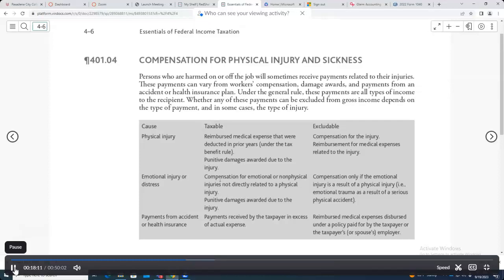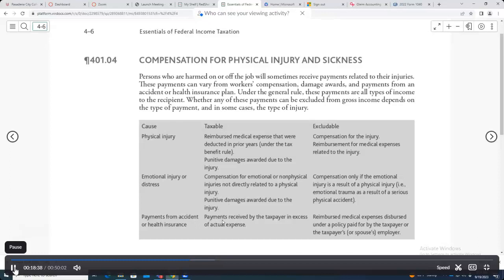Emotional injuries resulting from physical injuries are normally not taxable. But if emotional injuries are not technically that much related to your physical injuries, and it's a kind of punitive damage, then it's taxable.